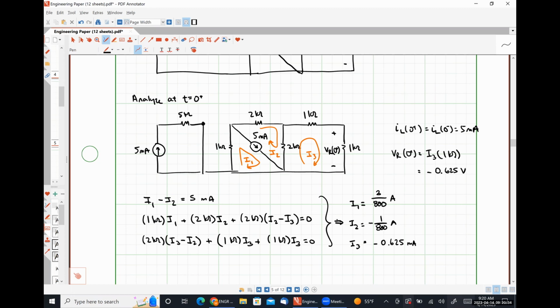Anybody have any problems with the analysis that we've done at t is equal to 0 plus? All right, so we're going to skip the analysis at t is equal to infinity because I know for sure that everything is just going to go to 0 here. So that's just kind of a waste of time.